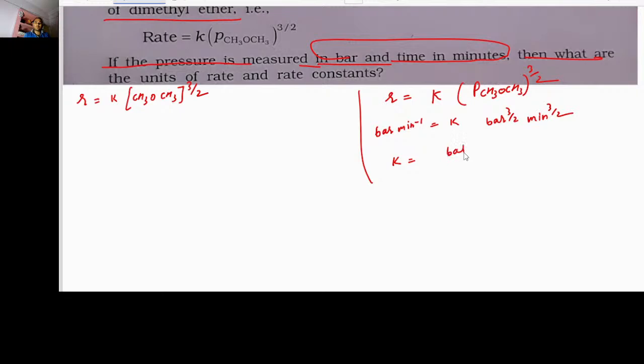So bar minute inverse divided by bar 3 by 2 and minute 3 by 2. Friend, let us solve it. So bar here, power nothing means 1. So 1 minus 3 by 2, student, and minute is there, minus 1 minus 3 by 2. Solve it, friend, solve it.